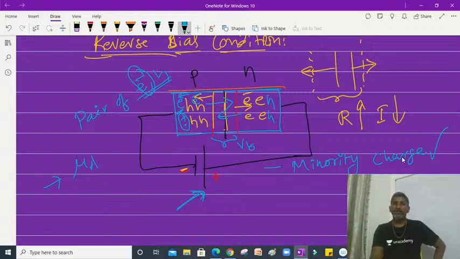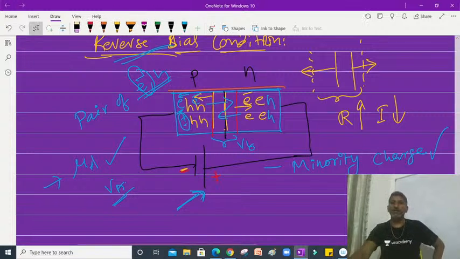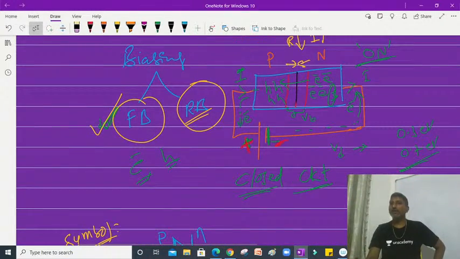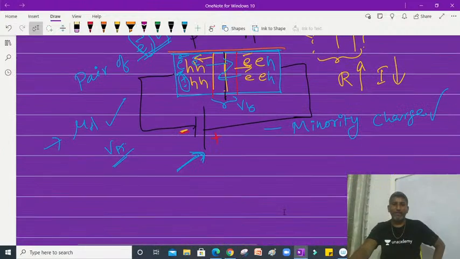So even in the reverse bias condition, current is possible. The corresponding voltage is said to be the avalanche voltage. Here in the forward bias condition, the voltage at which the current will start is said to be the knee voltage. Likewise, we can compare both of these.